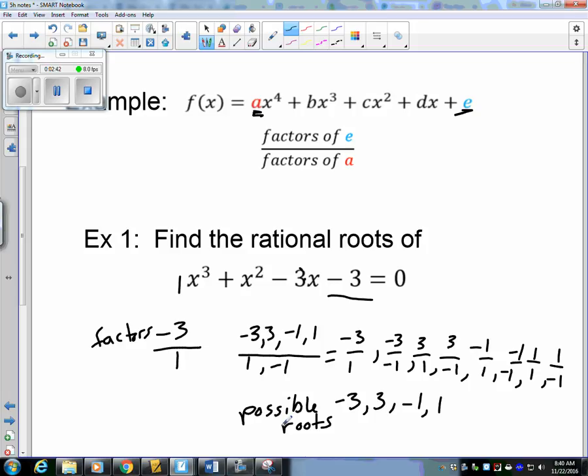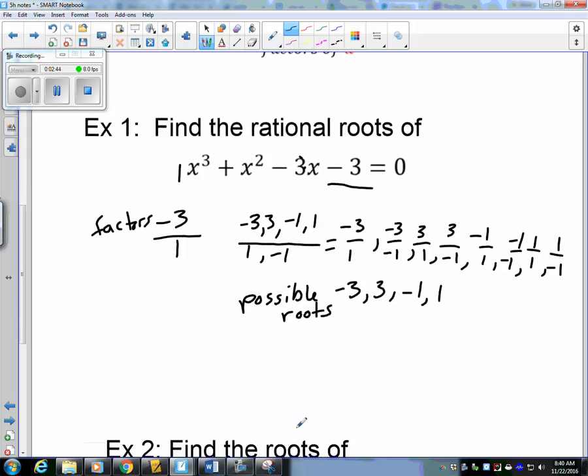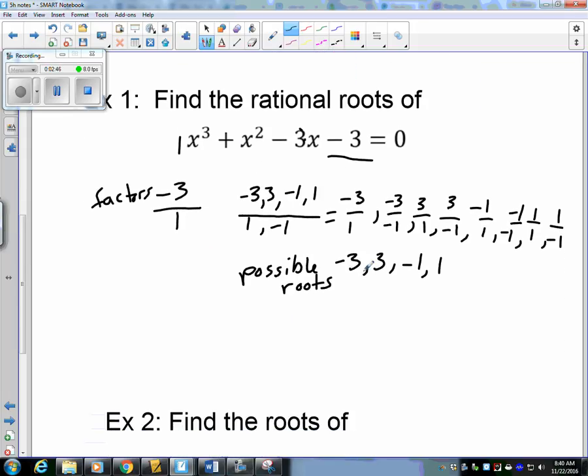Now we want to actually find the rational roots of this polynomial. So to do that, we have to test each one of the roots into the polynomial. So I'm going to start with -3. So let's test f(-3). So we have (-3)^3 + (-3)^2 - 3 times -3 - 3. And if this actually equals 0, then it is a root.